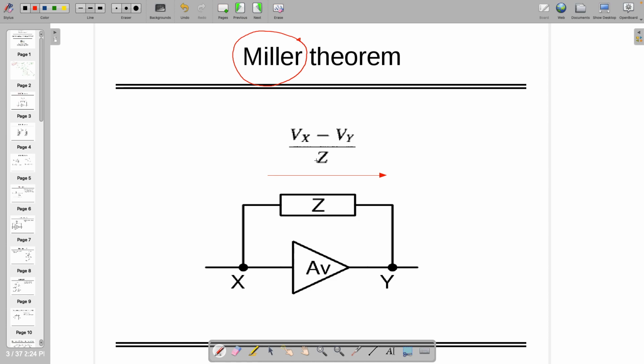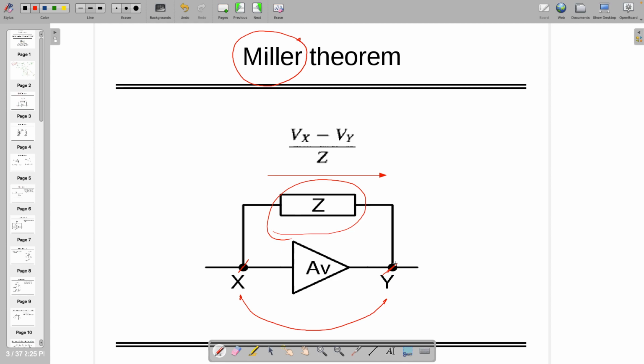So Miller told that if there are 2 points x and y, and Vy by Vx is actually a gain, understand? AV is nothing but Vy by Vx. If there is a gain between 2 points x and y, and if I connect some sort of impedance Z over here, then the current flowing through it is Vx minus Vy by Z, right?